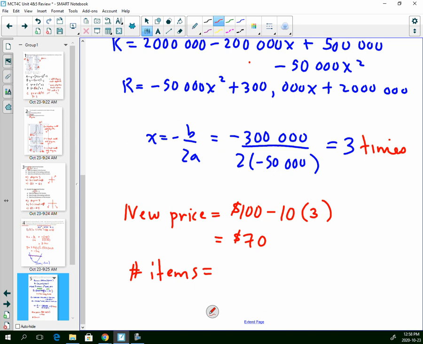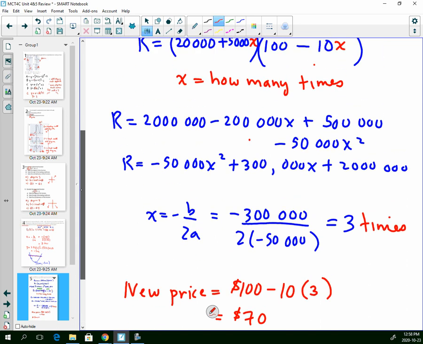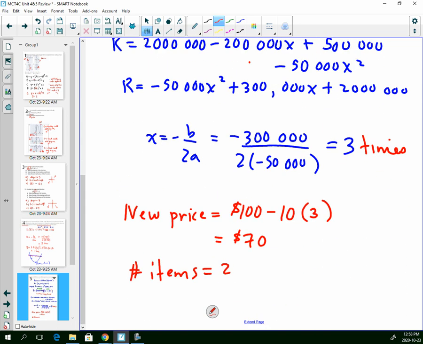Well, I was selling 20,000 tickets, and we said 5,000 more people would go, and that's going to happen 3 times, right? Because x is 3. And let's see what that works out to be. So that's 35,000 people will now go to the concert.